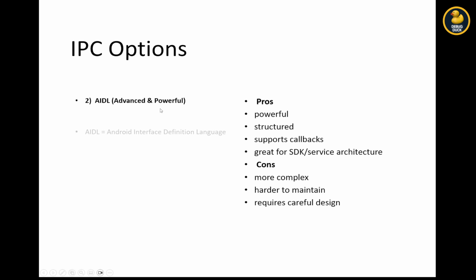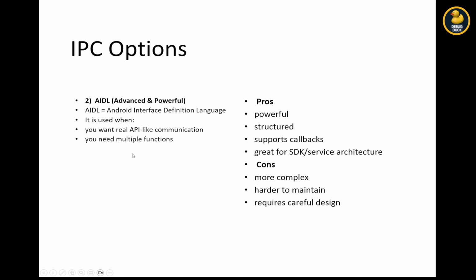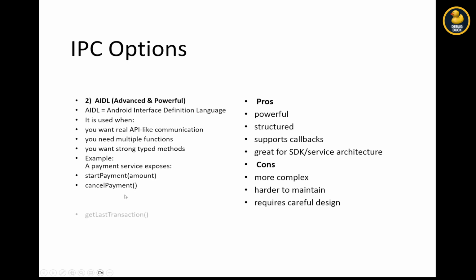AIDL, advanced and powerful. AIDL stands for Android Interface Definition Language. It is used when you want real API-like communication. You need multiple functions. You want strongly typed methods. For example, a payment service exposes start payment, cancel payment, get last transaction.